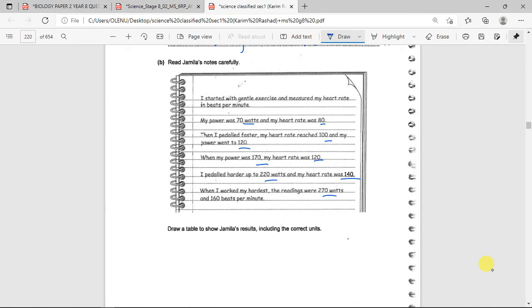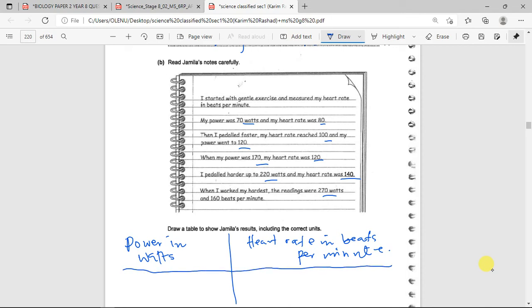Now, for Jamila's results, we have two columns: power in watts, and her heart rate in beats per minute. So we draw two columns.